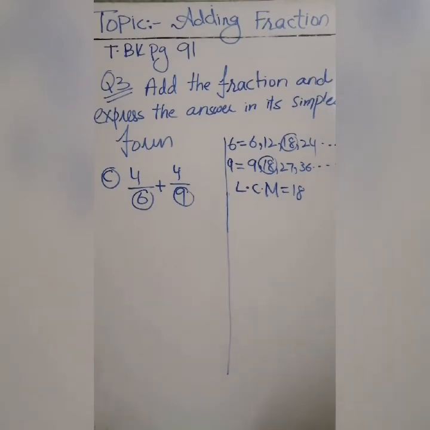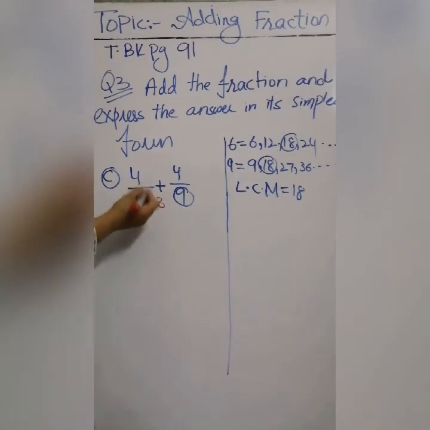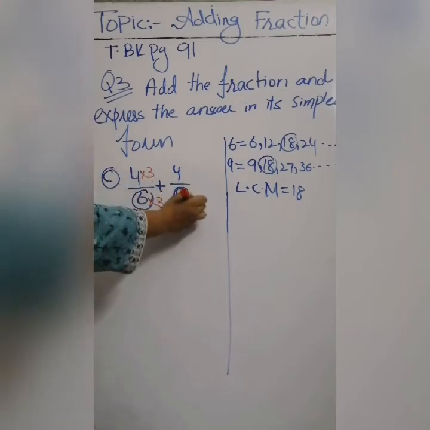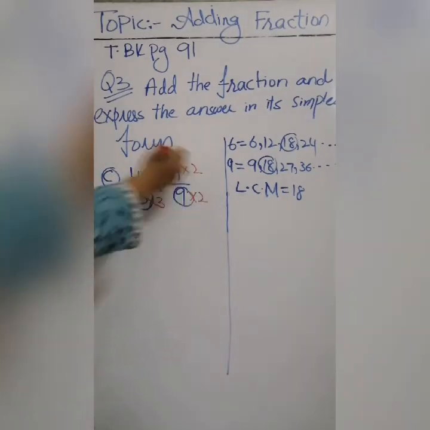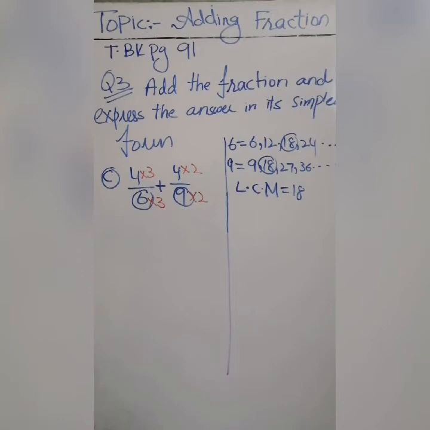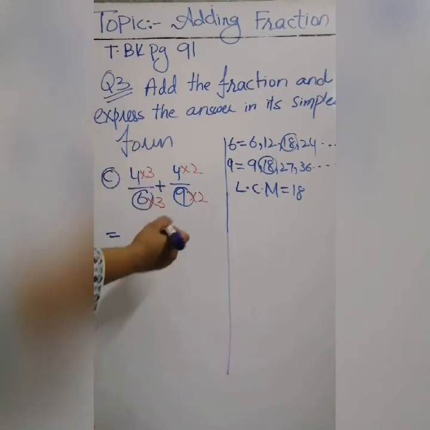Now we make both denominators the same. We multiply 6 by 3 to get 18. We multiply its numerator also by 3. We multiply 9 by 2 to get 18. Now we multiply its numerator also by 2. We write the equivalent fractions.